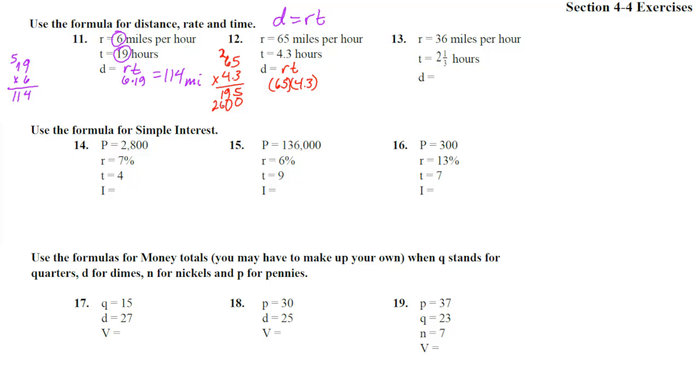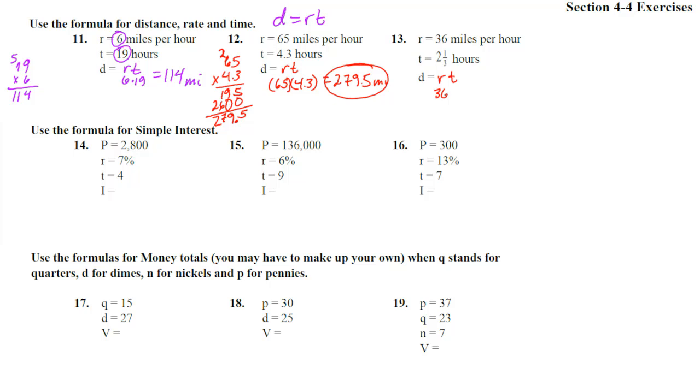Plus 2 is 26. So 5, 9, 7, 2. So that's going to equal 270. Oh, we forgot the decimal. 1 decimal point. So 279.5, again, miles. 279.5 miles.